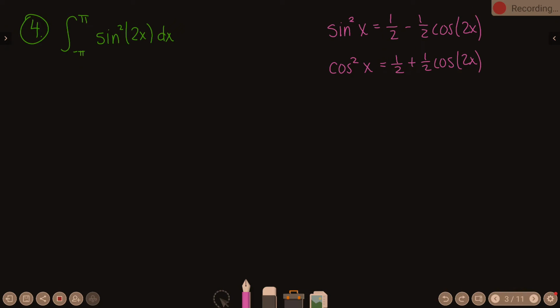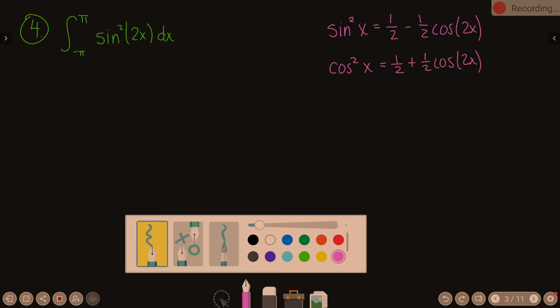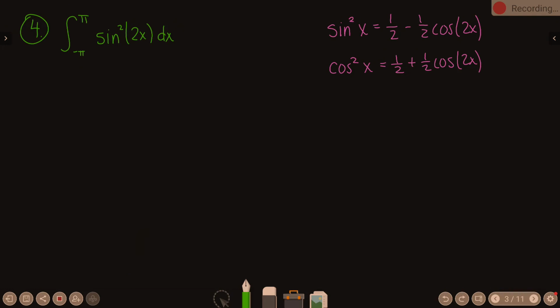So when we are integrating these even powers, we're going to sub it out. So the integral from negative pi to pi, sine squared, I'm going to do 1/2 minus 1/2 of cosine 2x. So it's 2, not 1, so it's multiplied by 2.